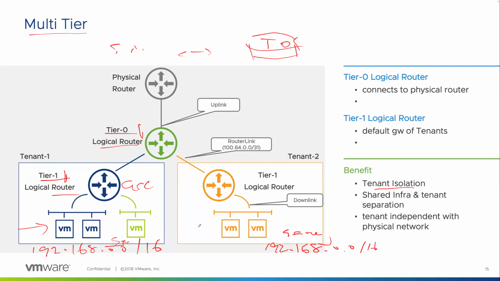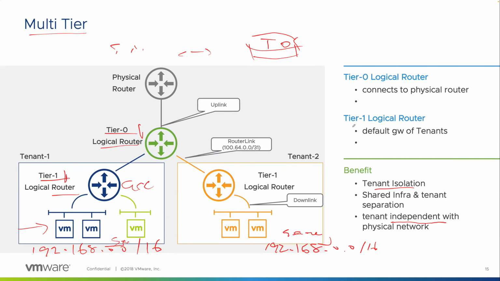So IP subnets are overlapping. That's the key. So we say they are independent of each other.